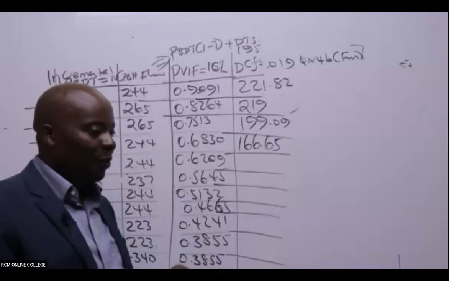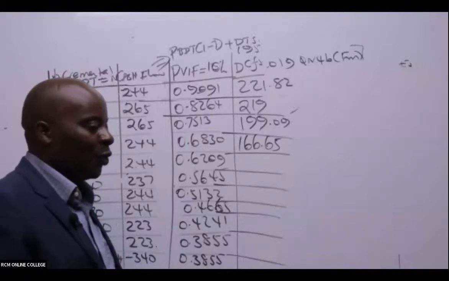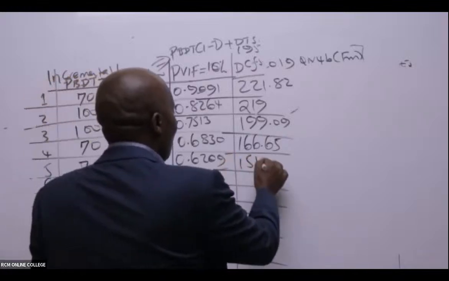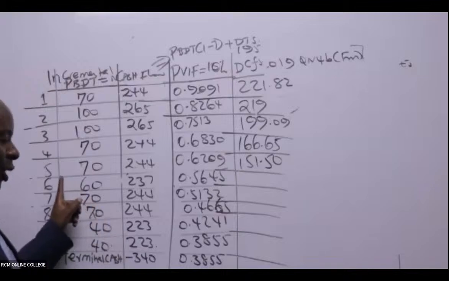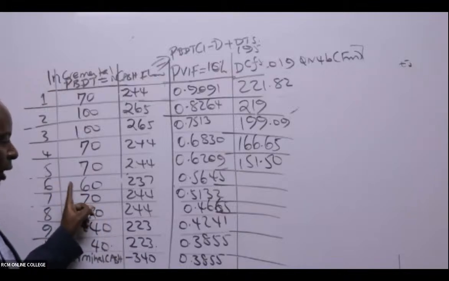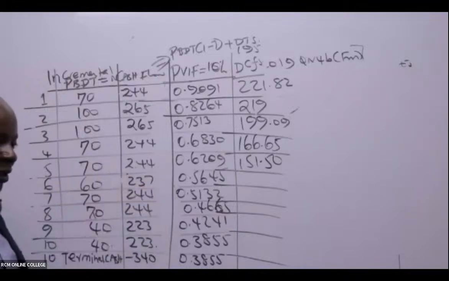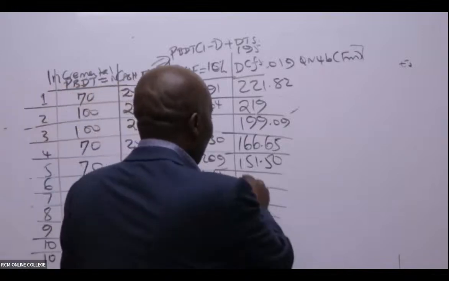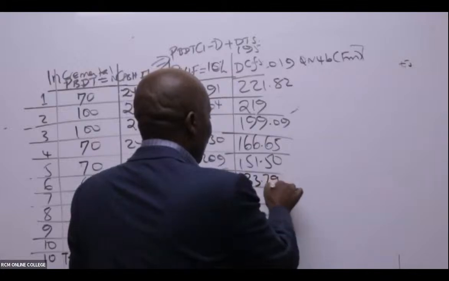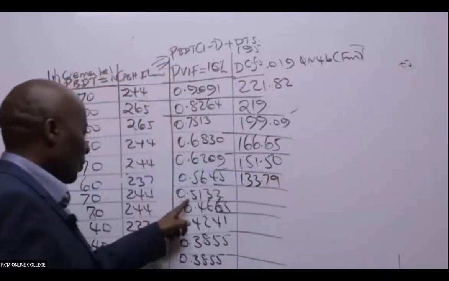Most ninjas are not giving me numbers. 151.50. Then you go to year number 6. Year number 6, you're taking this and this. 133.79.